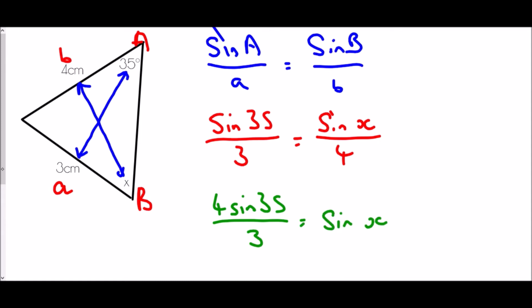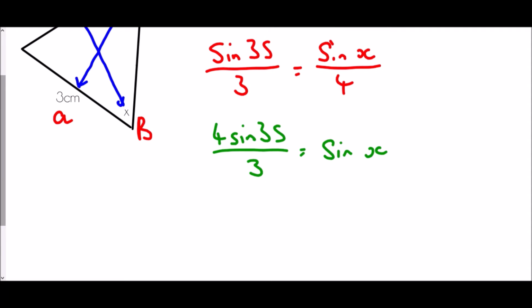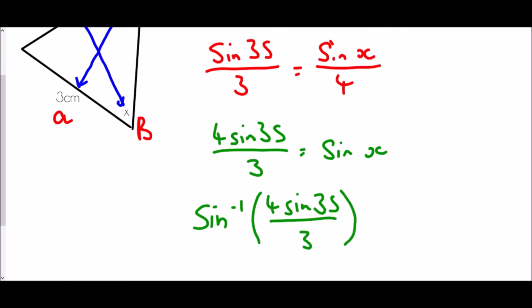And finally, because we only actually want to find X, we need to use our inverse rule, just like we do with basic trigonometry in right angle triangles. If you're looking for an angle, then you need to use the inverse, and so we're going to have sine inverse of all of this information, 4 sine 35 over 3, and that should give me X all on its own.